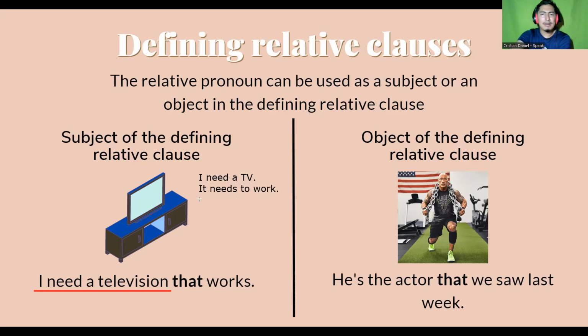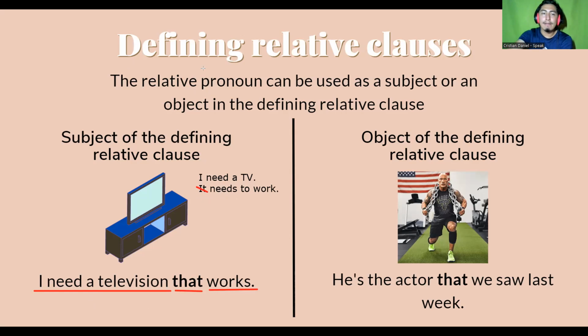But I will not repeat the complete sentence. I don't have to do it. So in that case, I need a television. The television needs to work. So that works. I need a television that works. I don't have to repeat it. Remember that in this case, it is the TV.